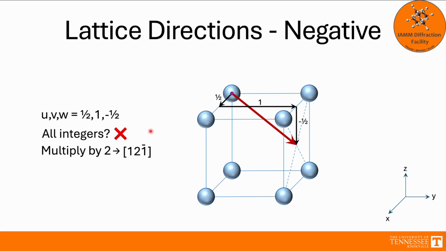We don't phrase it that way though. Instead of saying 1, 2, minus 1, we say that it is the 1, 2, 1 bar. And we write the minus sign essentially above the number that is negative. So just to reiterate, this is 1, 2, 1 bar. Are they all the smallest common integers? They are. So it is the [1 2 1 bar] direction.